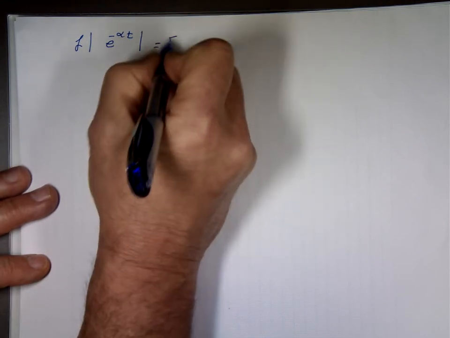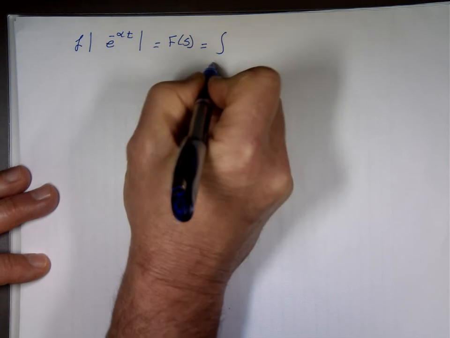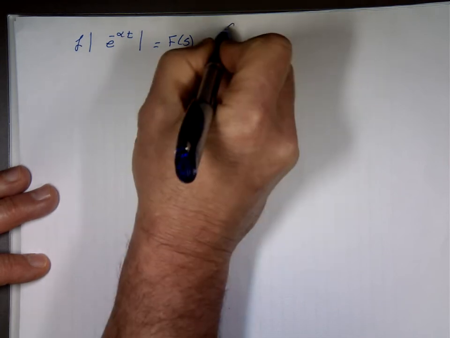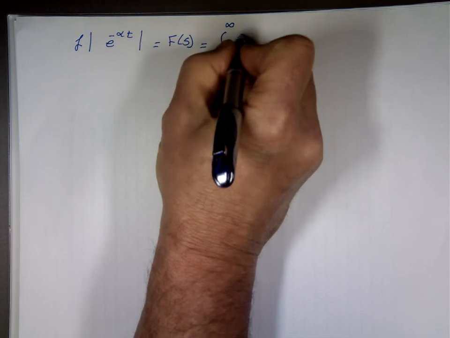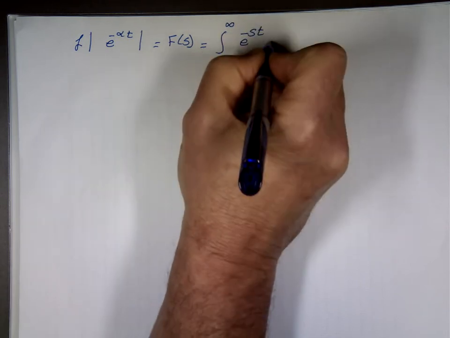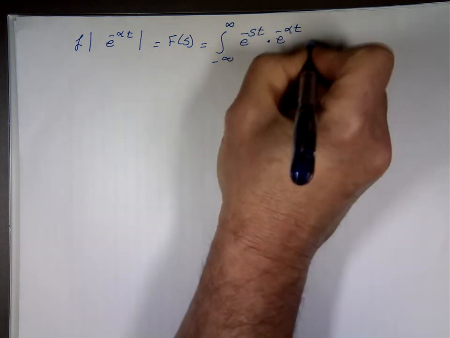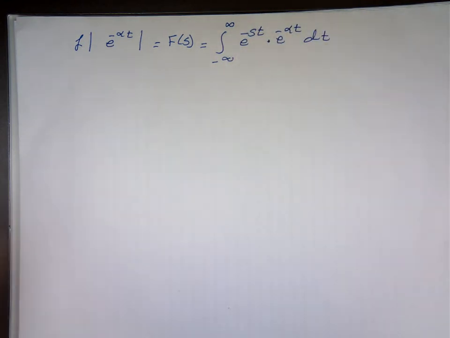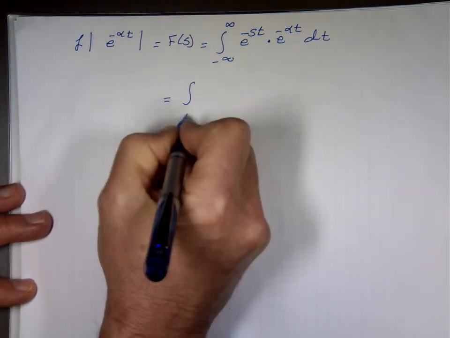We call that F of s, and that'll be the integral from negative infinity to infinity, e to the minus st times e to the minus alpha t dt. Again, as I said before, in circuits you don't go back to negative infinity. We start from t equals 0, so that's from 0 to infinity.